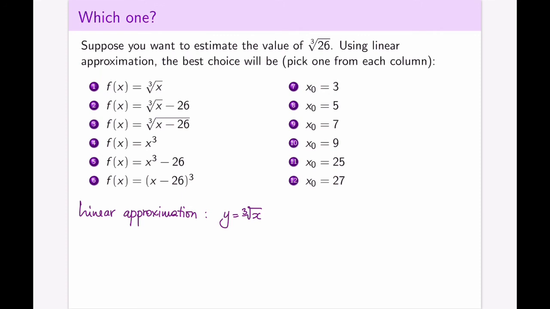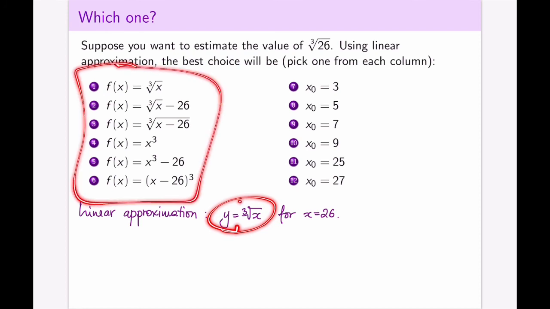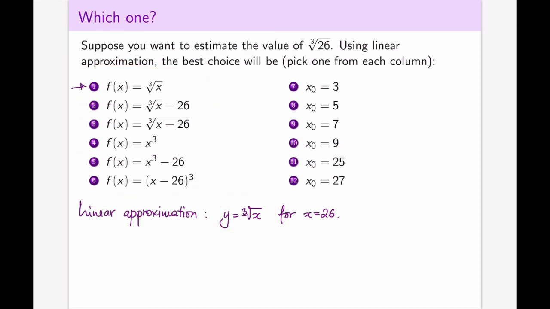We start with the look and feel of the original function, because all we're doing is constructing one tangent line to it, and we're going to approximate it for x equals 26. That means I can right away pick which one of these functions matches mine, and that's the top one here. The next thing is I have to pick the nice number to construct a tangent line to this function at.